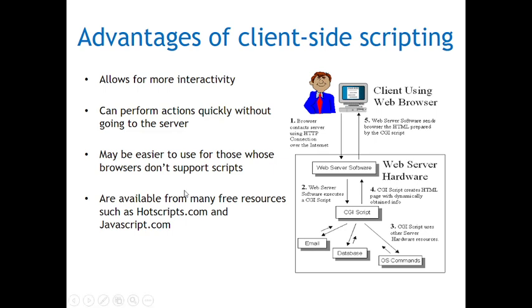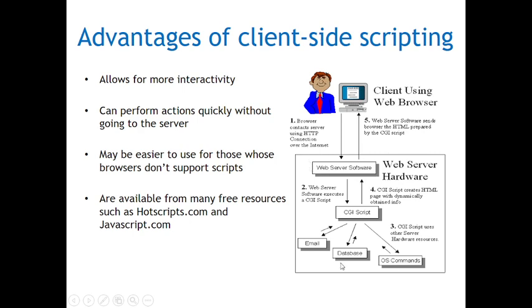To do the client-side scripting, see, earlier CGI scripting, server-side scripting was used in the olden days, but now it is replaced with other server-side programming frameworks like PHP, JSP, JSF. All these things are introduced. Understand?